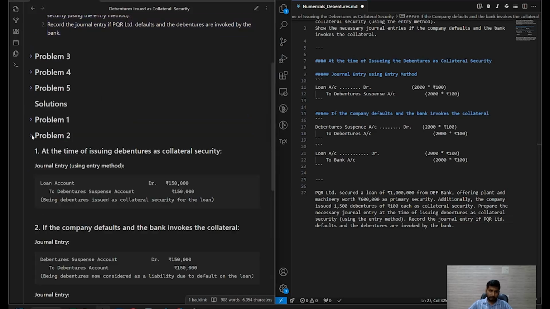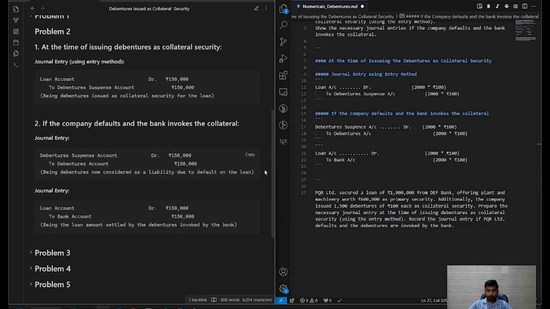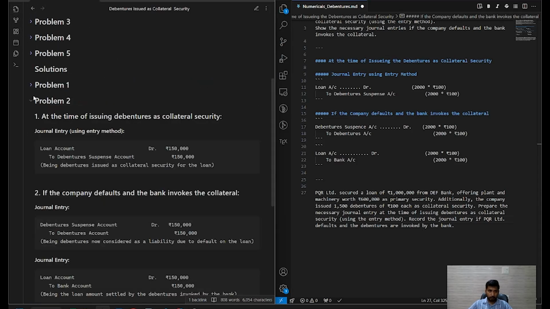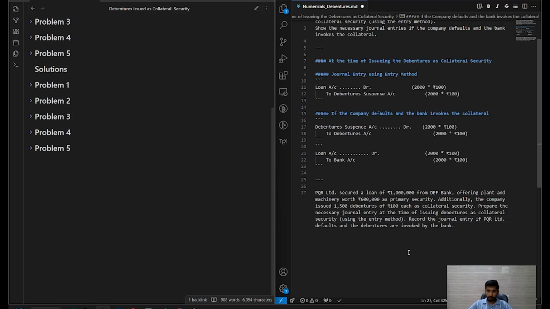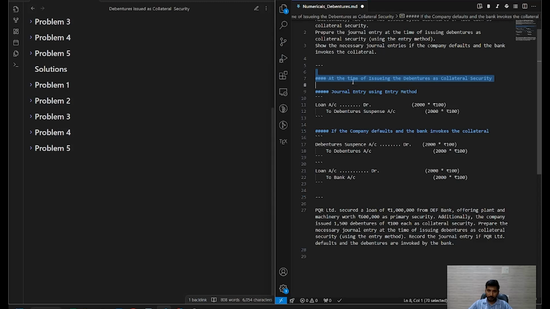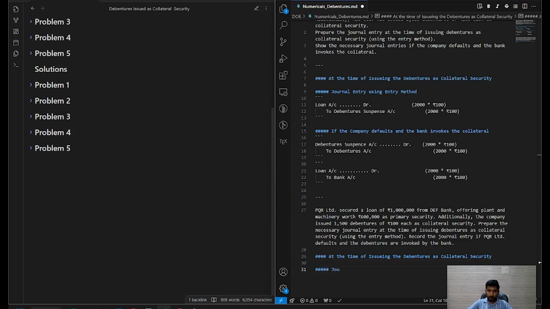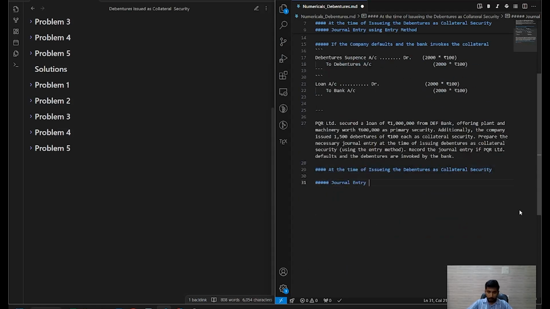Okay, same thing. Literally, it is the same. So we will just do it on our own. That means at the very first time, at the time of issuing the debentures as the collateral security, it will be the general entry using the entry method.